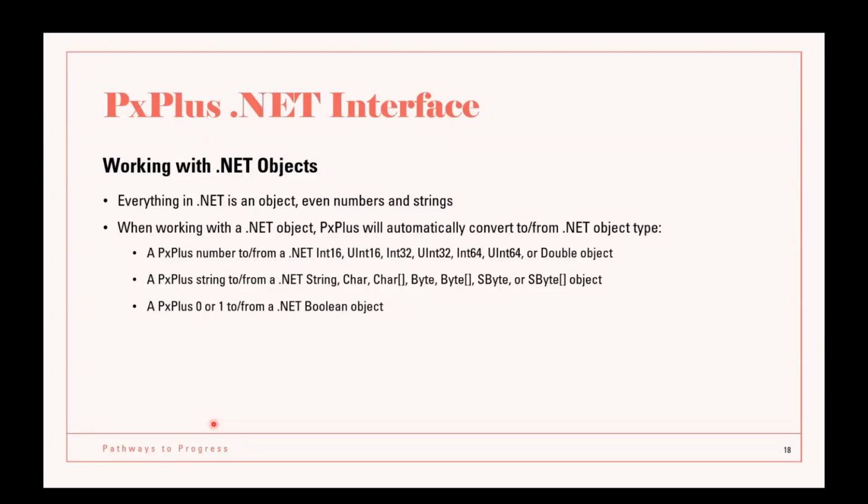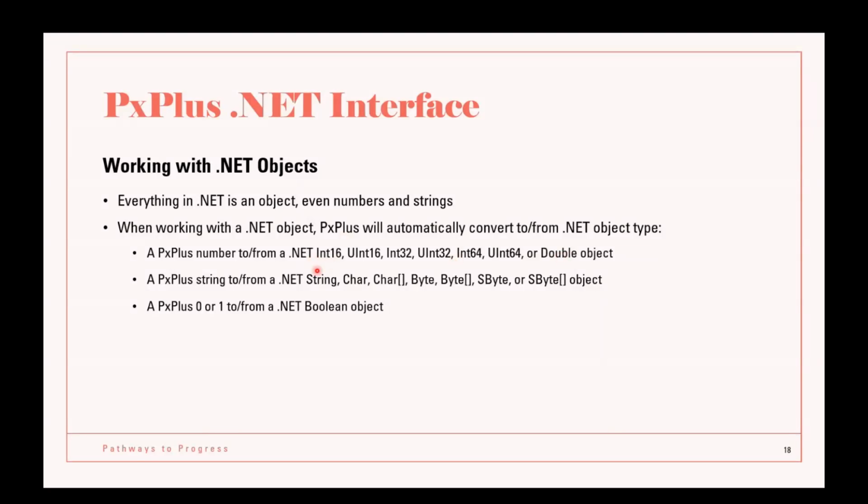And vice versa. If you're getting data back from a .NET object, it's just going to be treated as a normal PxPlus number. And this works for numbers with decimals or just plain integer numbers. Same with strings. The conversion is automatic. Now I've listed here the different .NET types that we convert to.